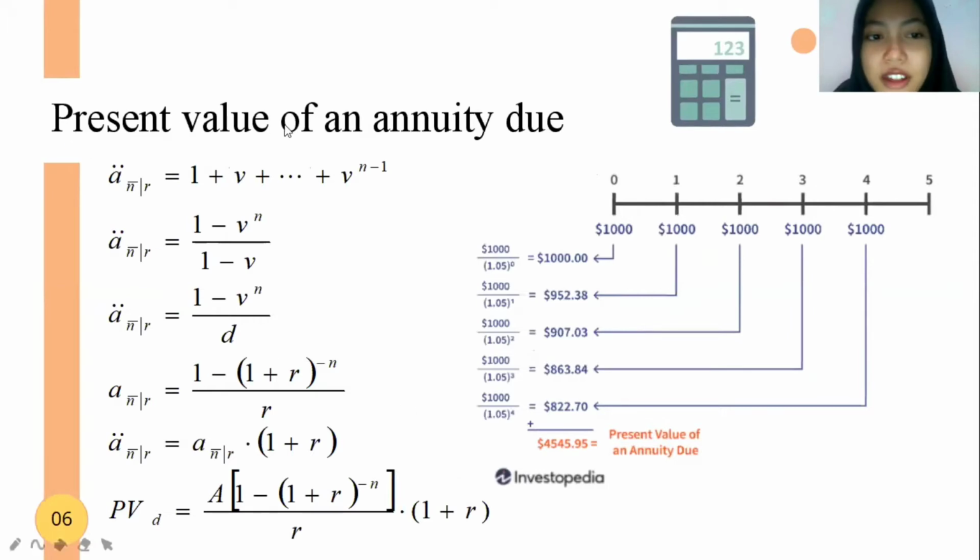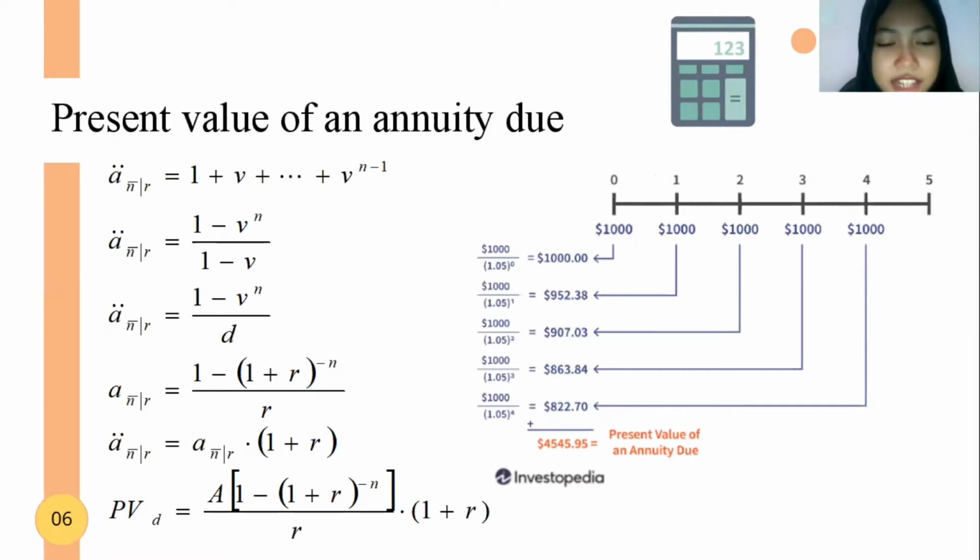It's not much different from the ordinary annuity. For the present value of an annuity due, we can assume today is 1, and then the first interval time is v, until the last is v to the power of n minus 1, and you can see the steps until you have the present value.